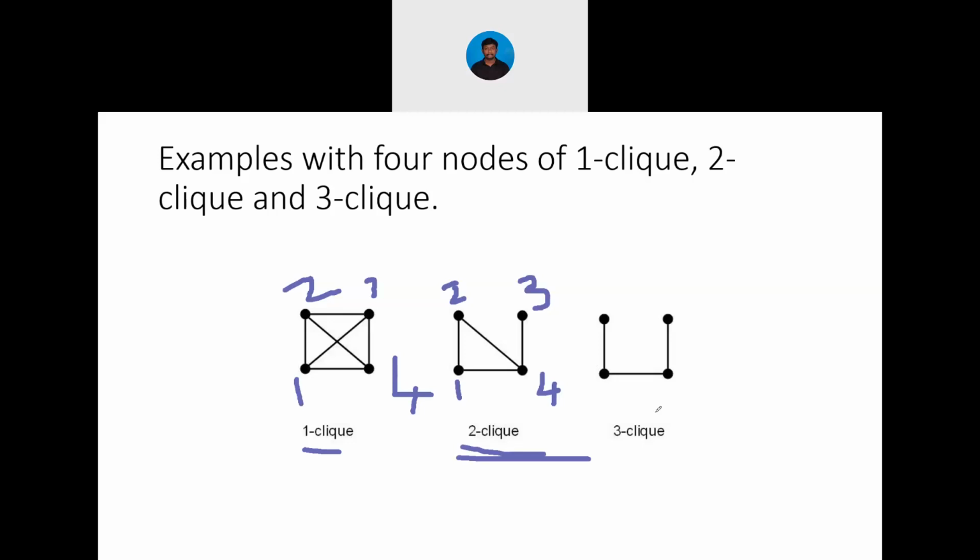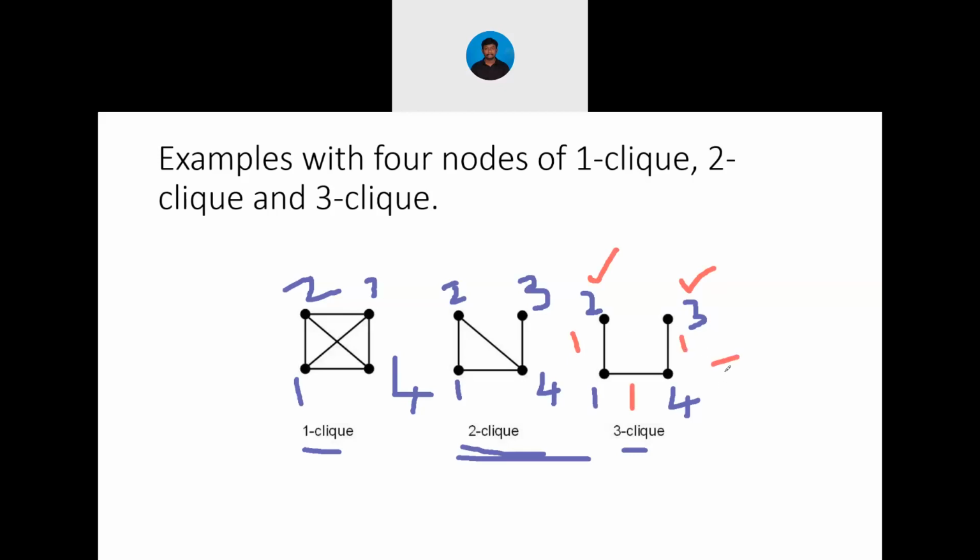Now verify this three-clique also. This is the first node. I am reaching the second node with a distance of 1, the fourth node with a distance of 1, and this third node with a distance of 2. If I want to reach this third node from this second node, what may be the maximum distance here? 1 plus 1 plus 1.